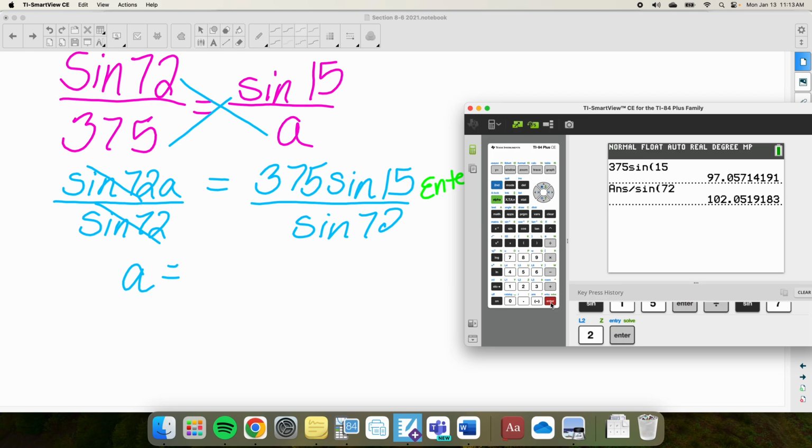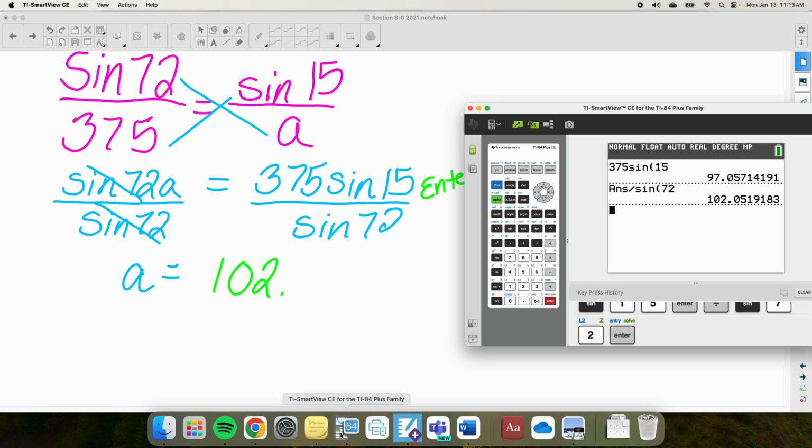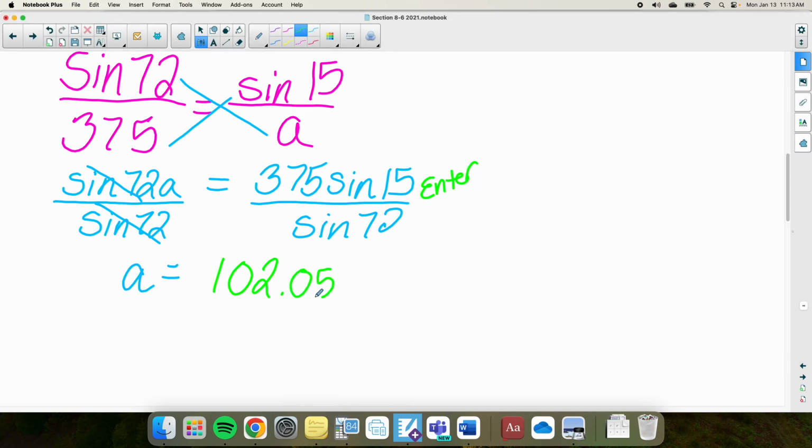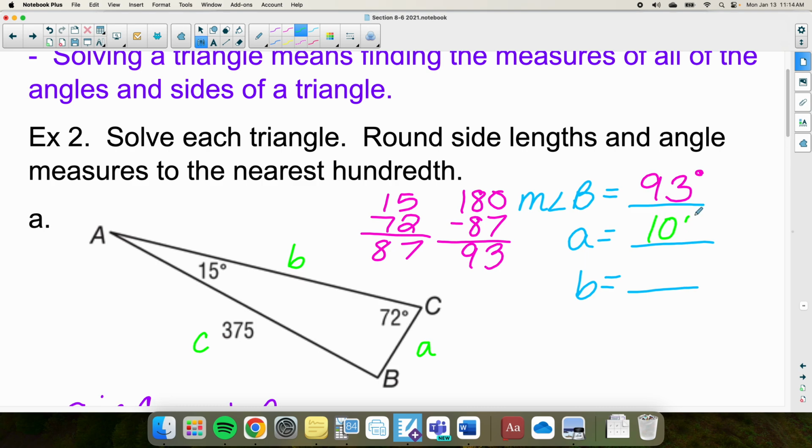If at any time you get an error message, that means you punched something in wrong, okay? So our answer is 102 point, was it 05? Yeah. Okay, and now I can go back up here and put that right here.